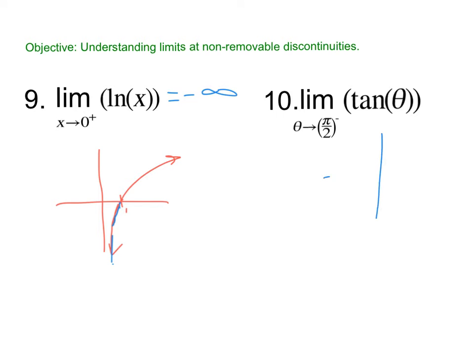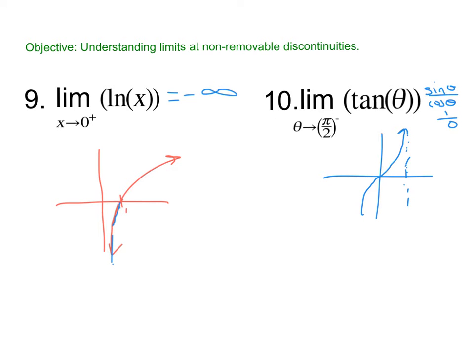Tangent of pi over 2. So again, we need to know what these look like. So at pi over 2, right, so this is sine of theta over cosine theta. So sine of theta, so that's 1 over 0, right? So we say undefined.